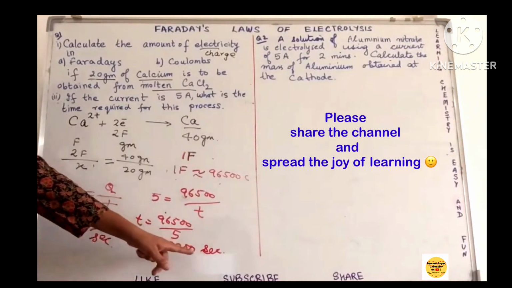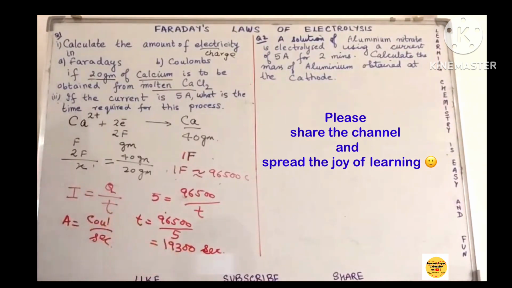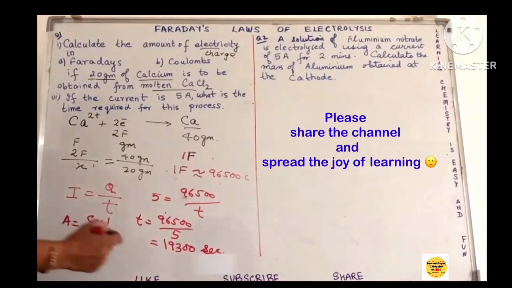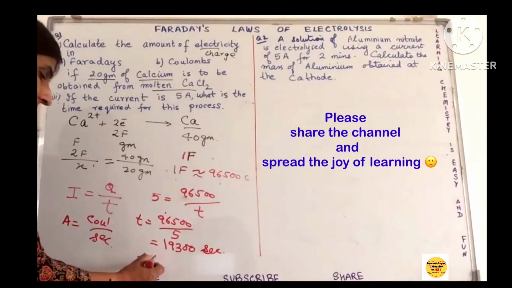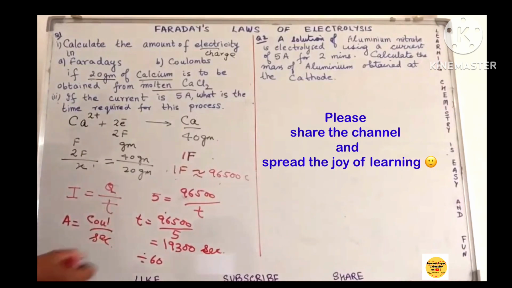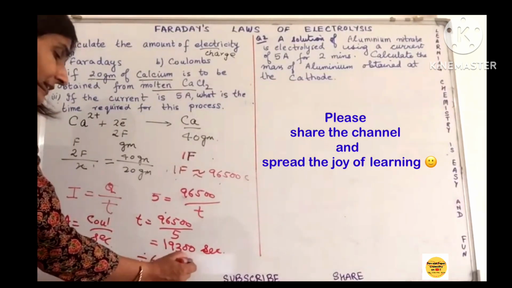Now this is a very big answer. You can take it a step ahead and convert the time to minutes or hours. How will you convert seconds to minutes? Yes, you divide it by 60. How will you convert minutes to hours? Again divide by 60.